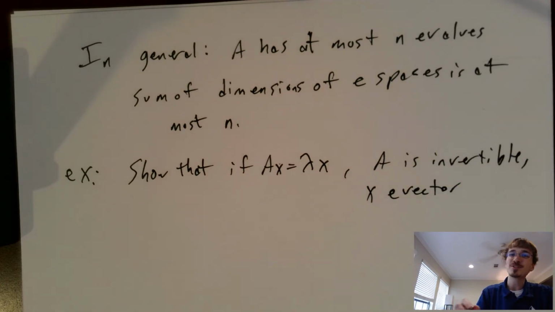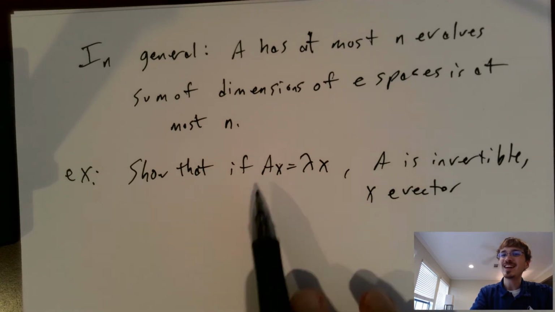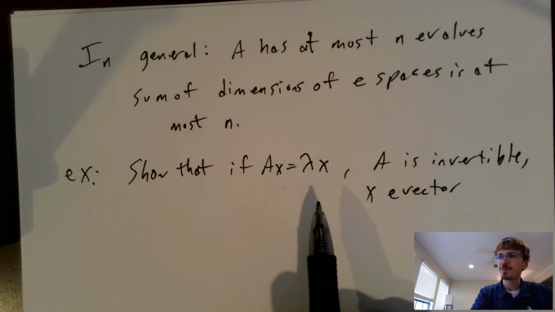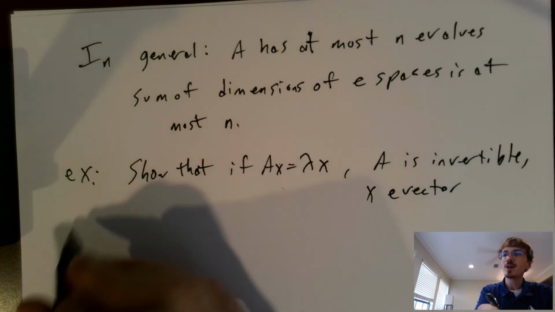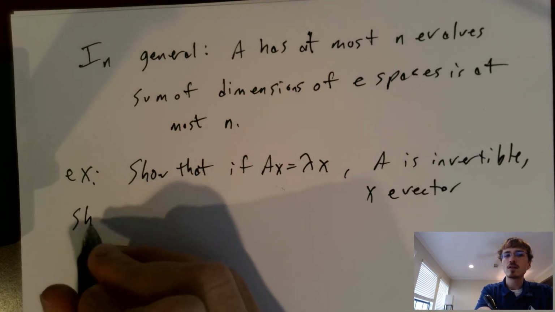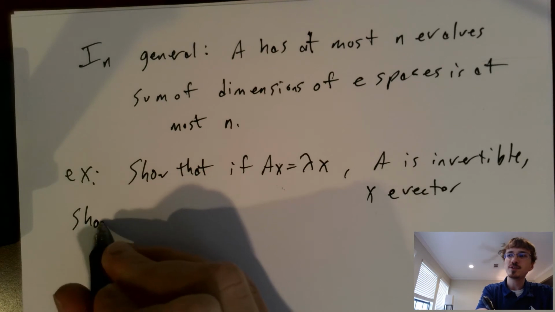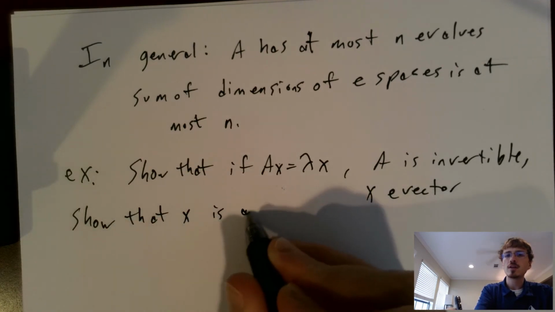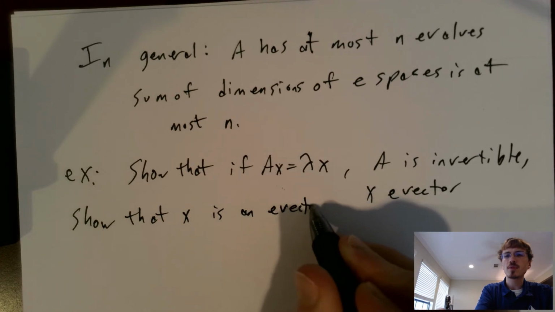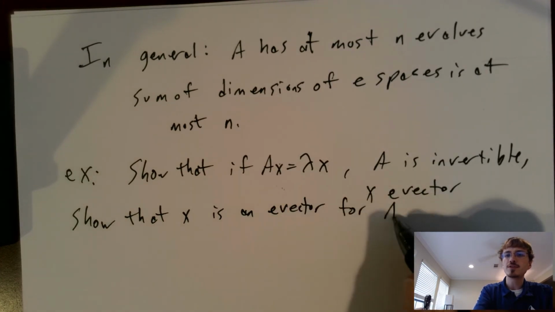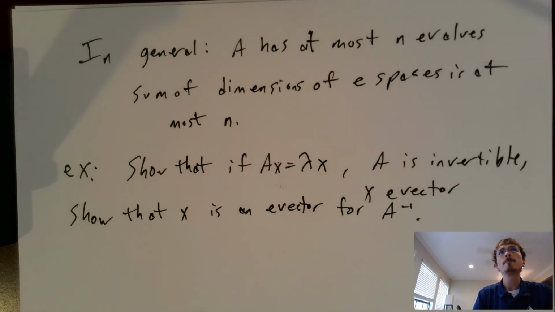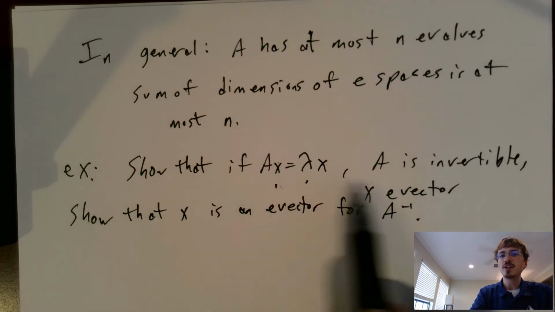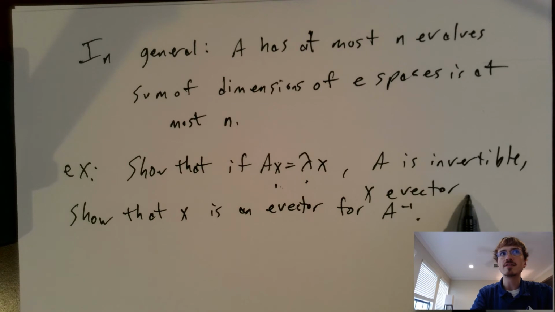Suppose we have an invertible matrix and x in this equation is an eigenvector. What can we say about the eigenvectors of A inverse? Show that x must be an eigenvector for A inverse. Pause the video, see if you can figure this out yourself.